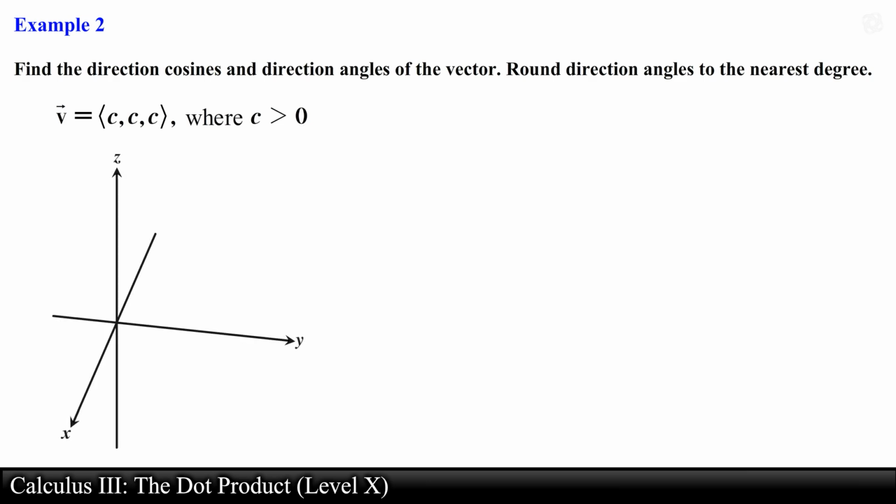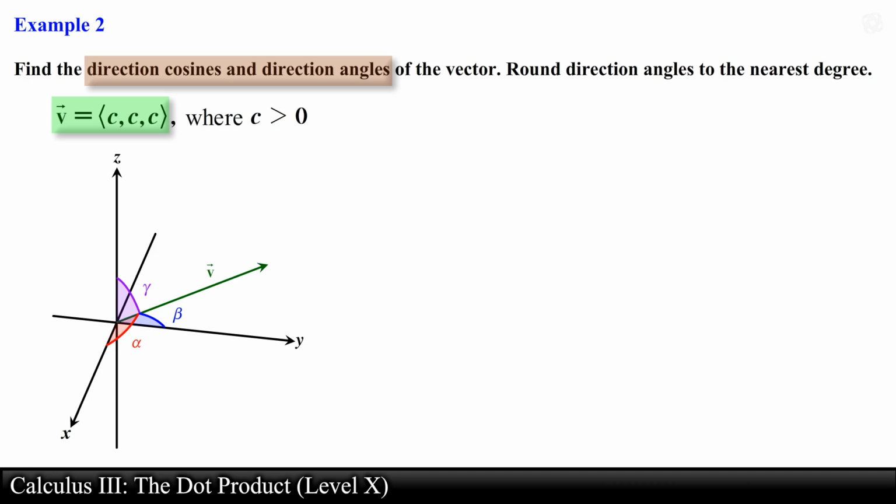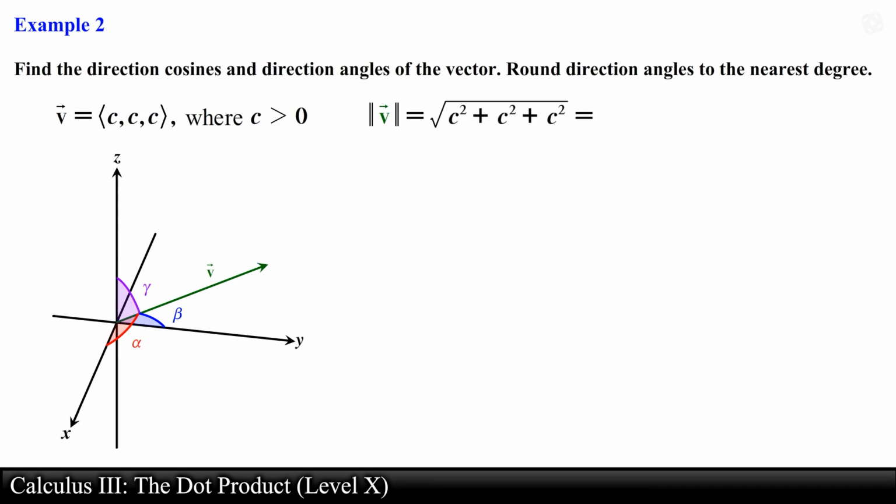Alright, similar to the previous example, we are asked to find the direction cosines and direction angles of vector v that has equal positive components. Let's start by finding an expression that represents the magnitude of this vector. Finding the sum of the square of the components and taking the square root, we obtain the following expression.